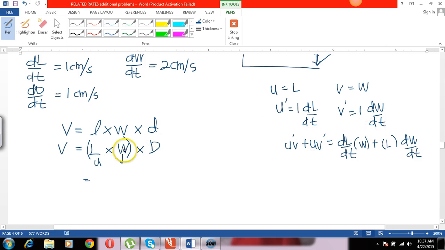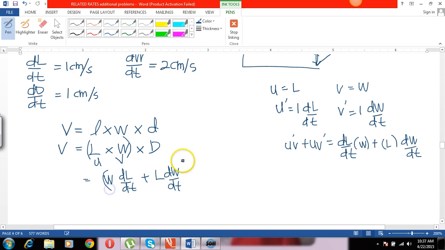Okay, differentiation of L times W. So please rewrite this result in this column. We get W dL over dt plus L dW over dt.